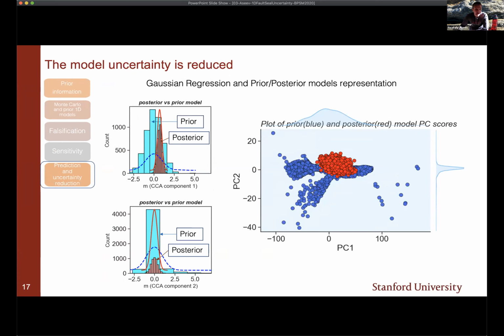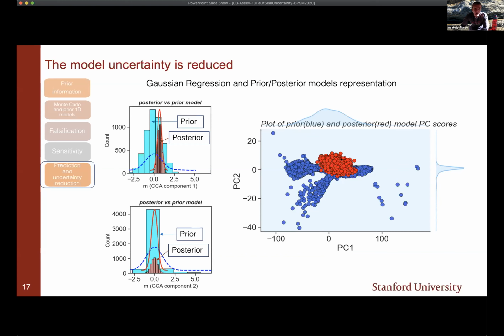The values on the x-axis may not seem very representative and may not reflect any geological meaning, but similar to principal component analysis, it's a way of summarizing our data in a statistically more efficient way. They represent all our 5,000 simulations, and we see a really dramatic, significant reduction of uncertainty for component number 1, as our distribution is less broad, it's really narrow.